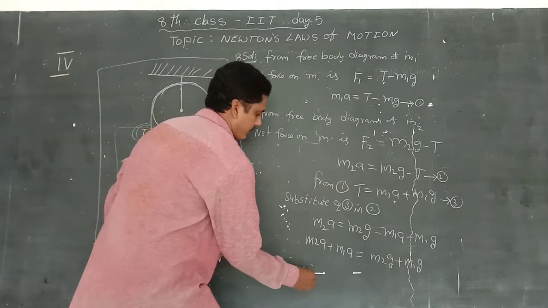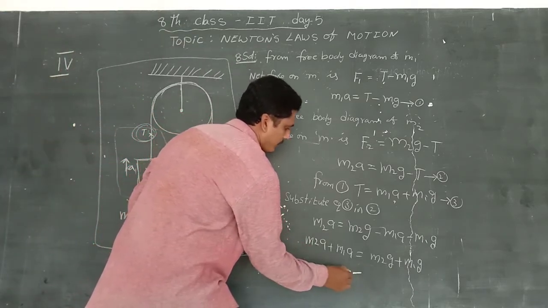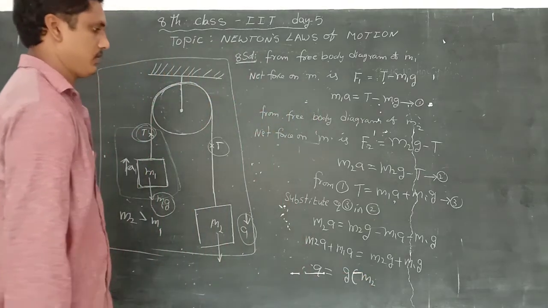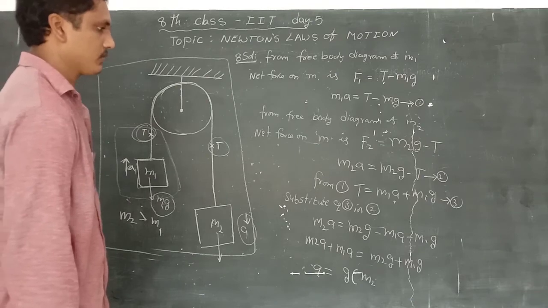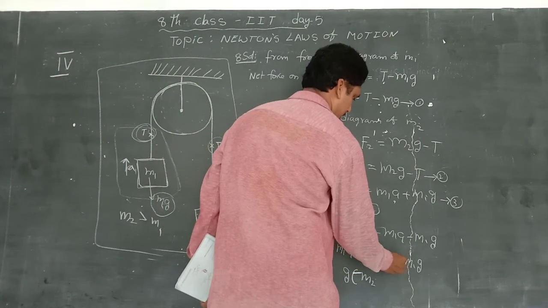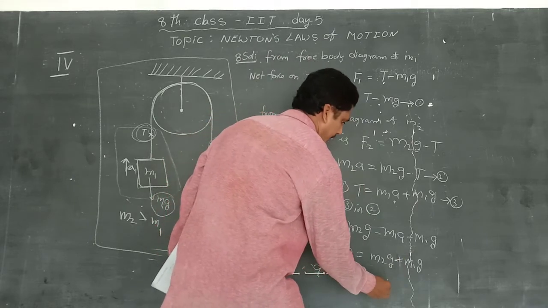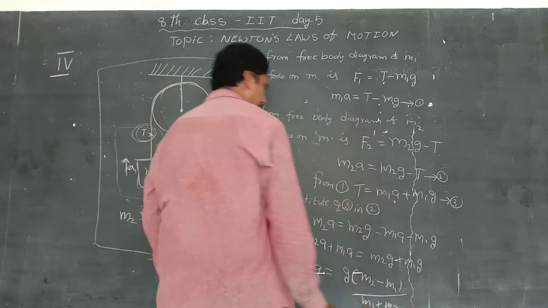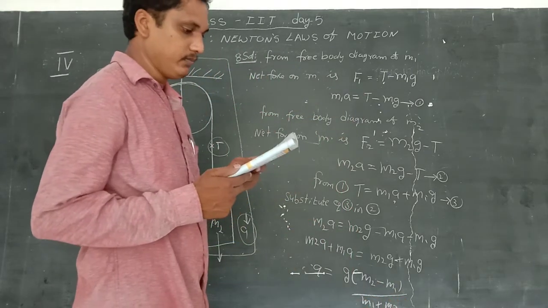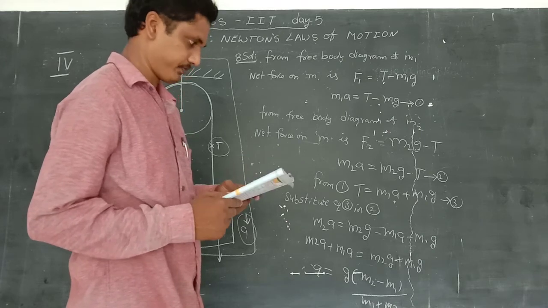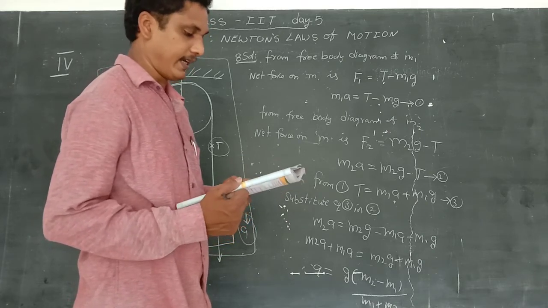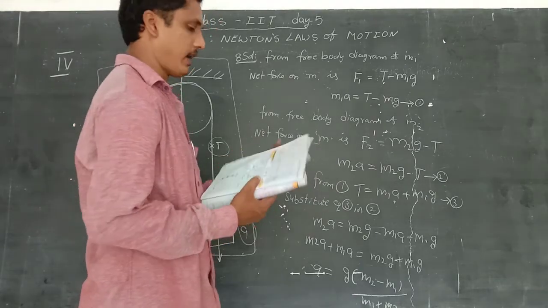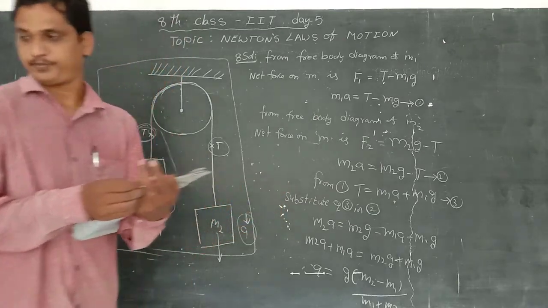Therefore, a is equal to g into, sorry, here it is minus, (M2 minus M1) by (M1 plus M2). This is the answer. 8th bit, second option is the correct one. Page number 16.